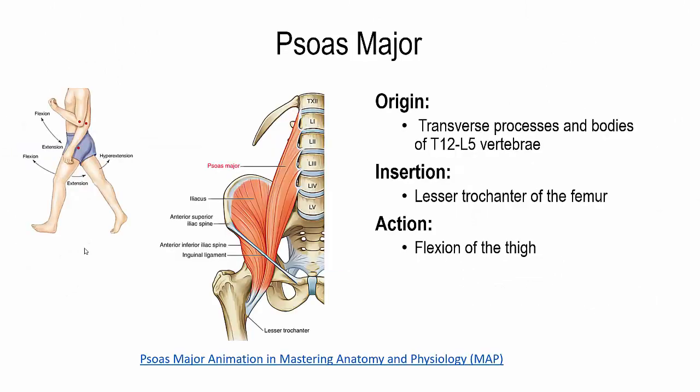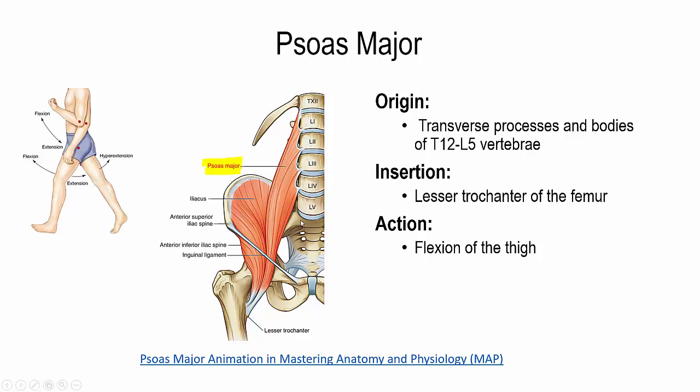The psoas major. The psoas major is a very powerful flexor of the hip joint, and we see the psoas major here, so I'll highlight it for you because there are a few different muscles in this picture. So this is the psoas major. Here we see the spinal column.